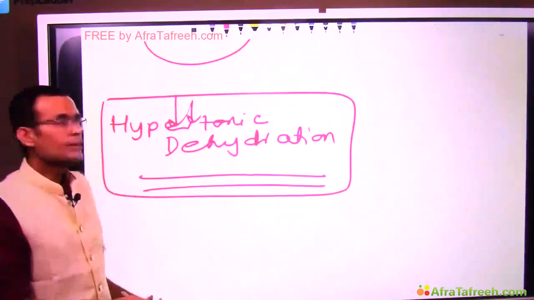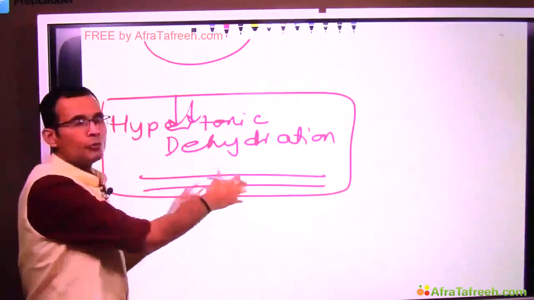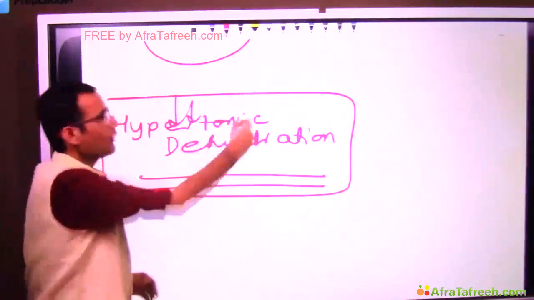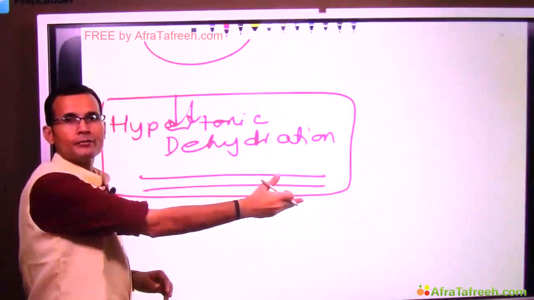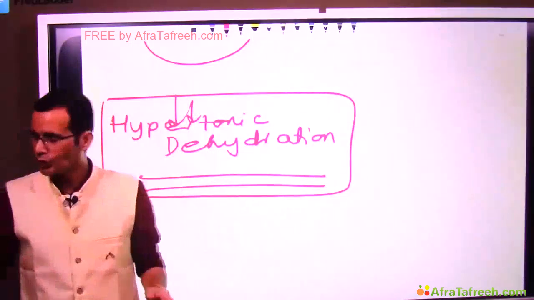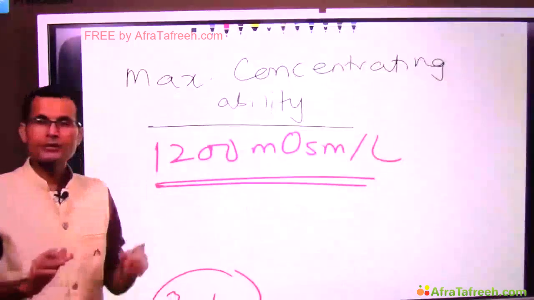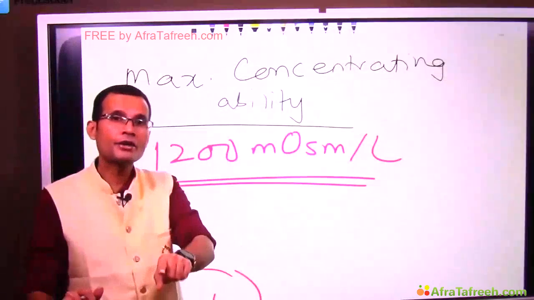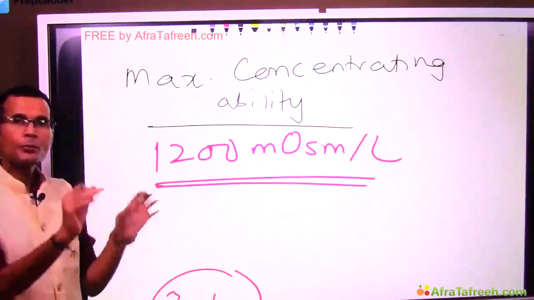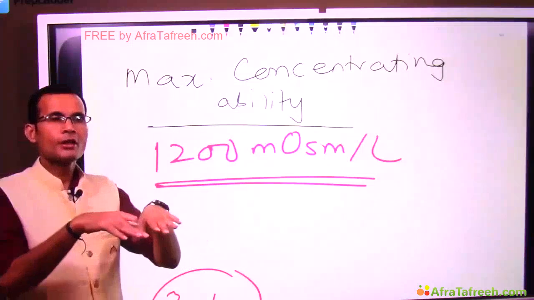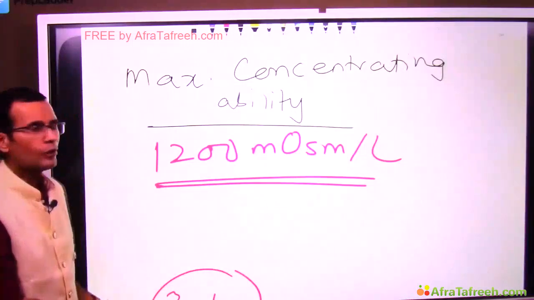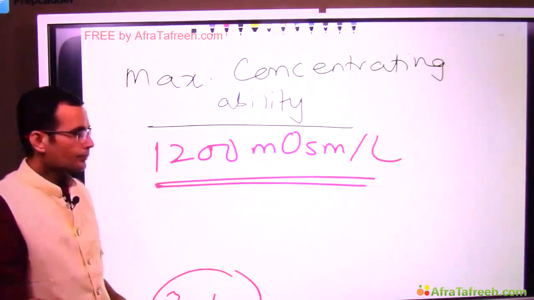But if the tonicity of the consumed fluid is more than 1200 milliosmoles per liter, as we saw in this case, then that will result in dehydration. So please remember this basic principle when you solve such questions.